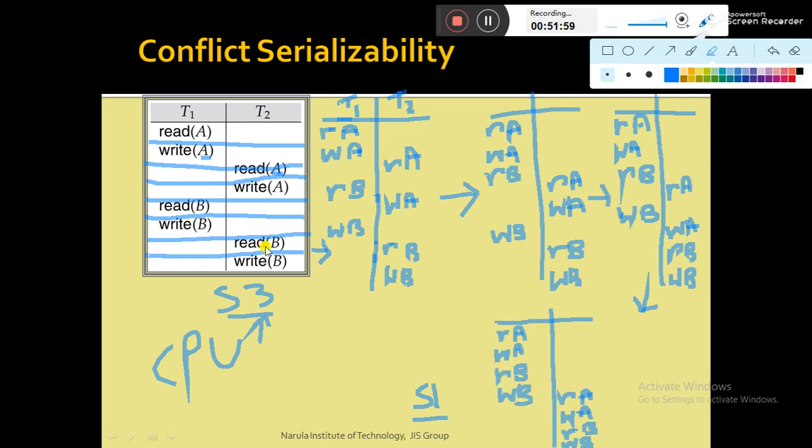That means the order of execution in S3 is equivalent to the order of execution represented in S1. That means if a concurrent schedule is converted to a conflict serializable schedule, then we can say that the database will be in a consistent state, meaning the schedule is a good schedule. So this is the concept of conflict serializability, and that is how we can check whether a concurrent schedule is conflict serializable or not.